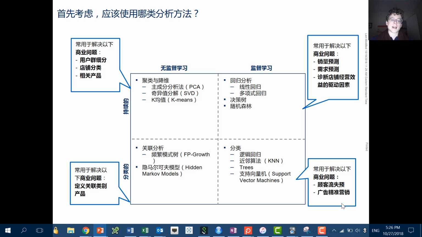So if I have data for a lawyer, a doctor, a policeman, a fireman, a government official, and I'm trying to predict the income for an elementary school teacher, I can use the data I already have to predict this. That's supervised learning. Unsupervised is we don't have an answer.